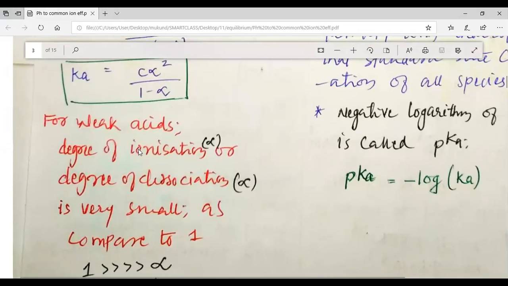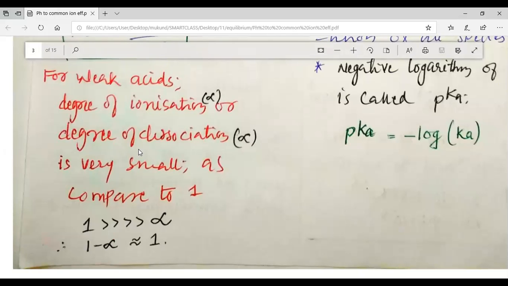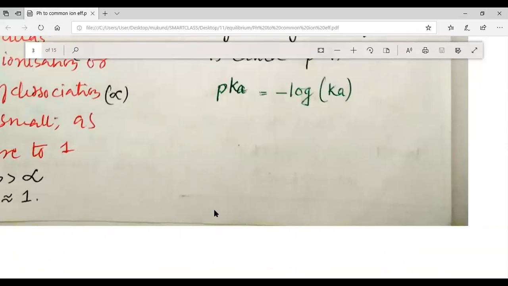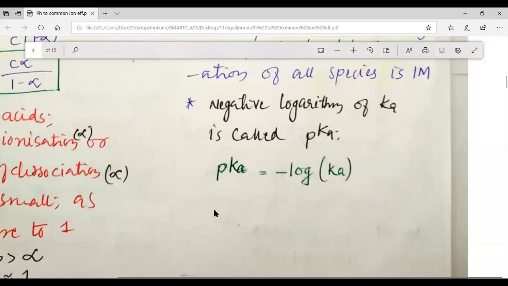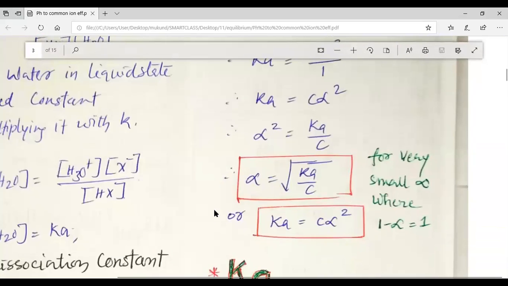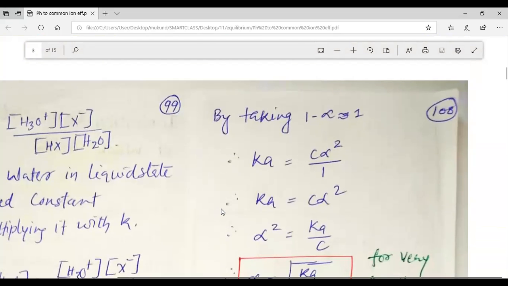Now for weak acids, the degree of ionization alpha is very small compared to 1, so 1 is quite greater than alpha. If we take 1 minus alpha equal to 1, I repeat, if we take 1 minus alpha equal to 1, we get Ka is equal to C alpha square divided by 1, so Ka is equal to C alpha square.